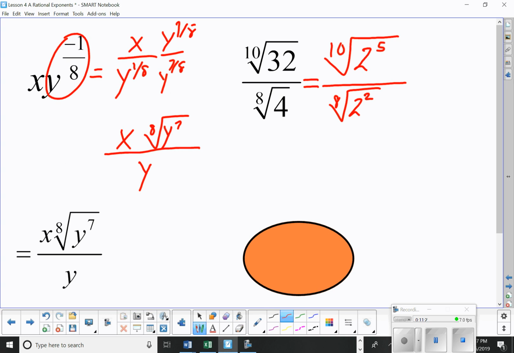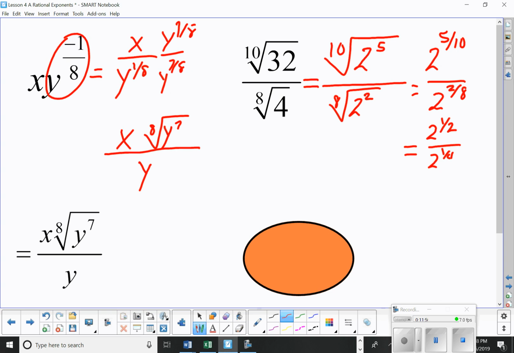Now I have 2 to the 5/10 divided by 2 to the 2/8. Why would that be important? Simplify those fractions and you have 2 to the 1/2 over 2 to the 1/4.